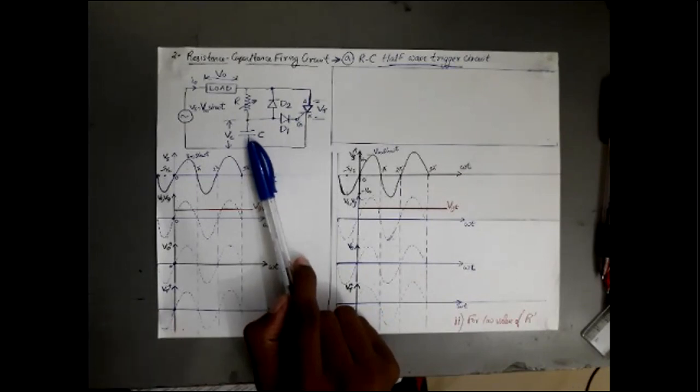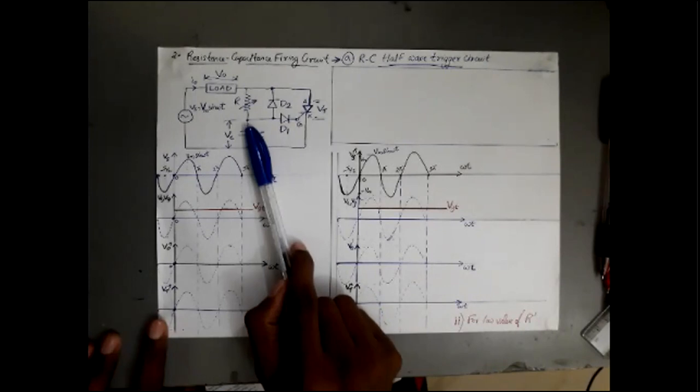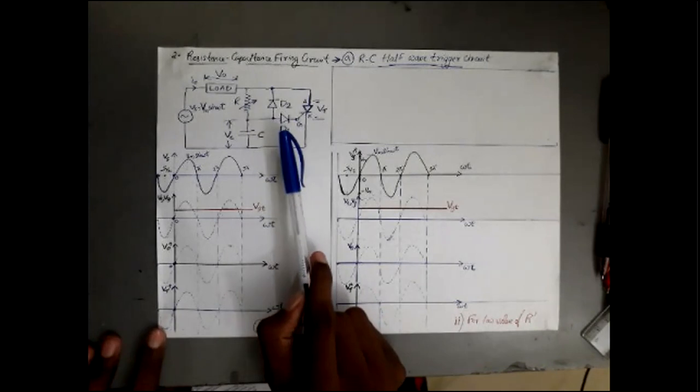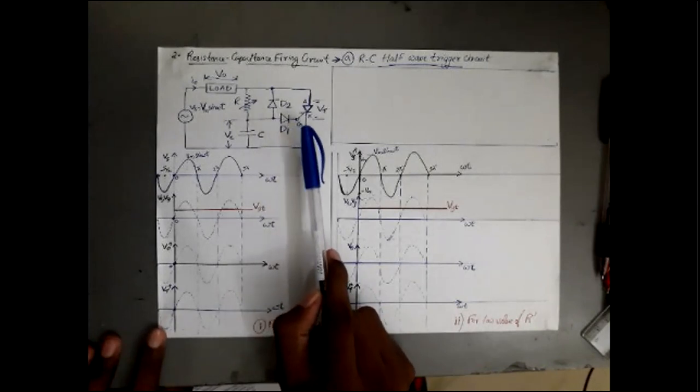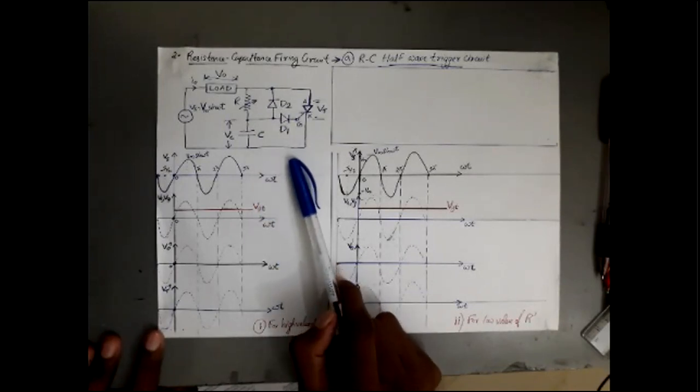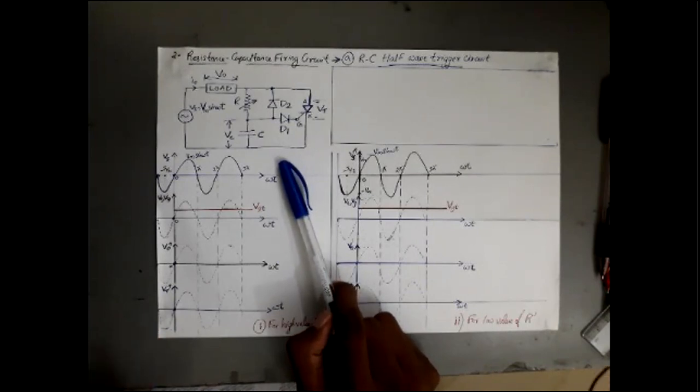So a voltage Vc appears across my capacitor, that is the charged voltage of my capacitor, and when this Vc exceeds the minimum voltage required to trigger my gate terminal, that is VGT, or when my voltage Vc becomes equal to VGT, what happens? My gate cathode terminal gets triggered, that is, my SCR gets turned on. Okay, that is the basic concept here.